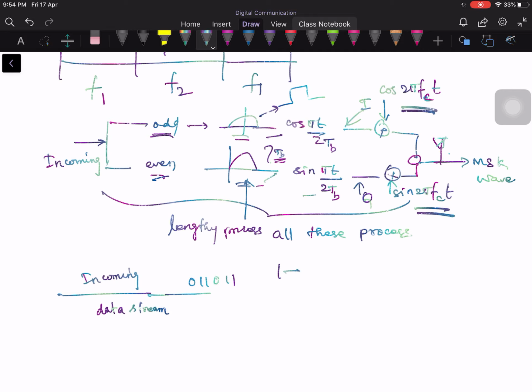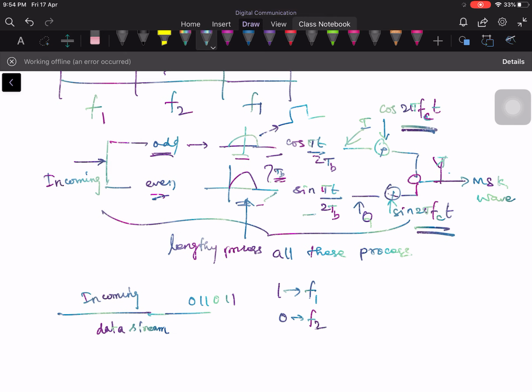If 1 comes, you map onto frequency f1, and if 0 comes, you map onto another frequency f2, as your choice. Therefore we could have directly generated an MSK waveform. Let me draw the figure. In this waveform, the phase continues at every bit transition. So instead of deciding the I and Q pulse pattern, we could have directly looked at the phase function and then generated the final modulated waveform.